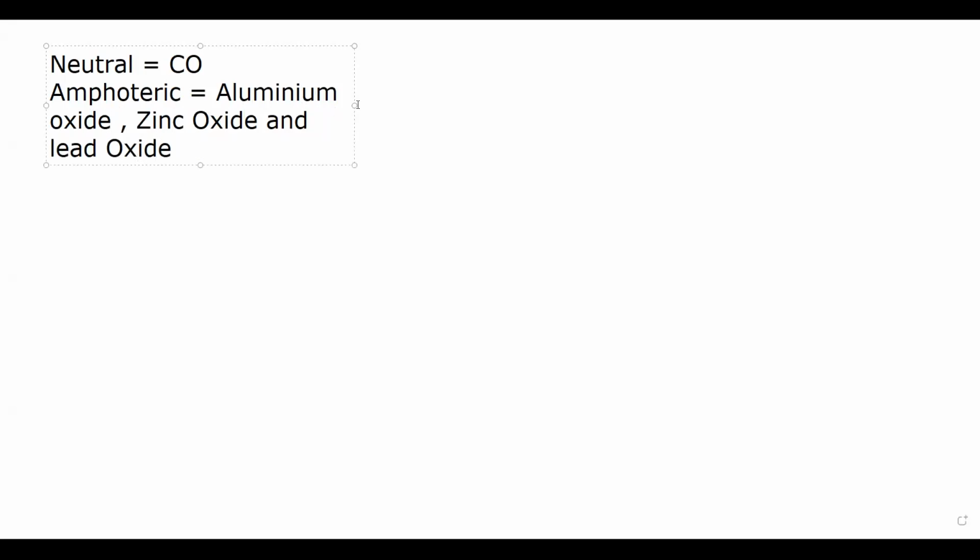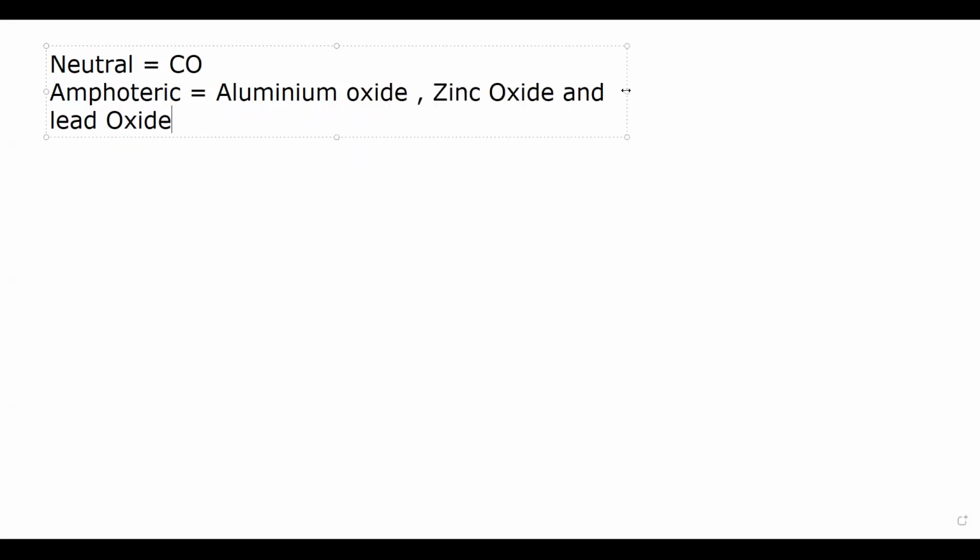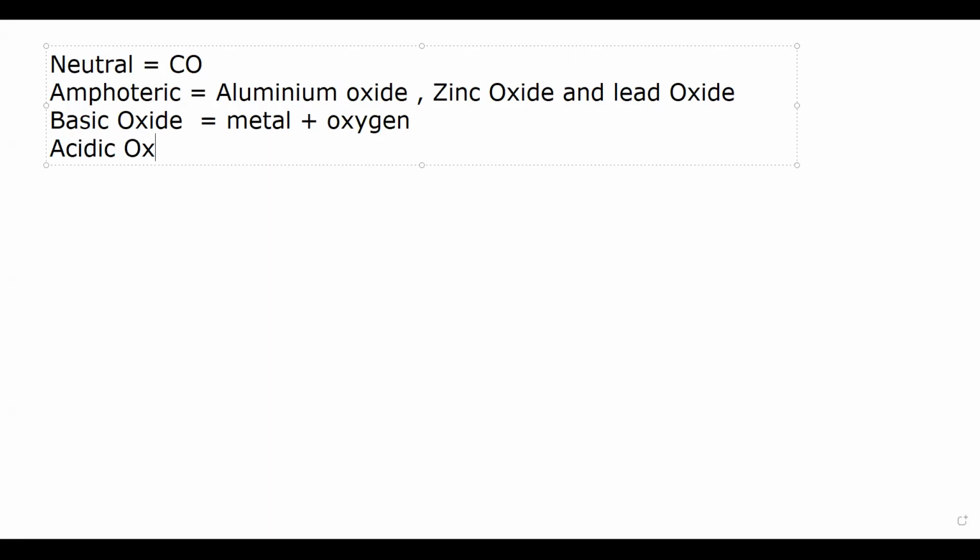So these three, and remaining, if it is a metal oxide, it will always be basic. If there's a metal present, the metal will be there with oxygen, and if it is an acidic oxide, then there will be a non-metal with oxygen.